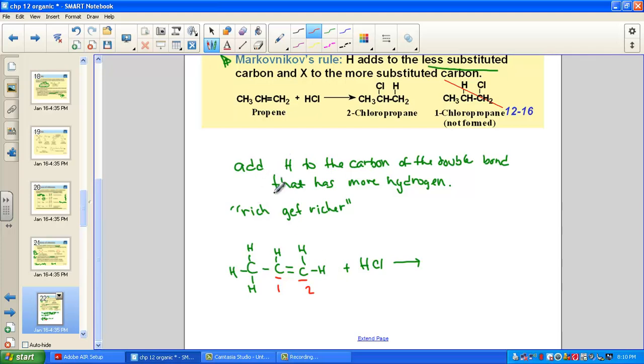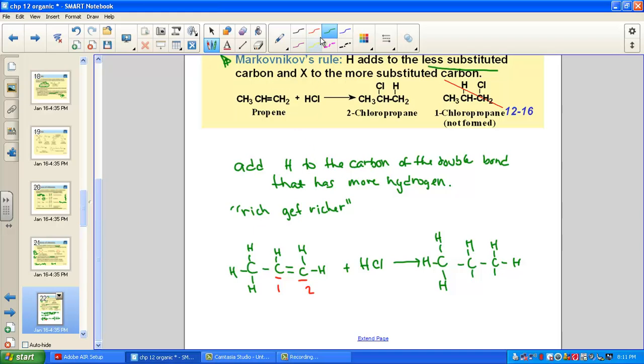Applying the rule that says the rich get richer, and I break apart the double bond, we go back to start, CH3C. I'm just going to get my sites of attachment here, kind of the original molecule.